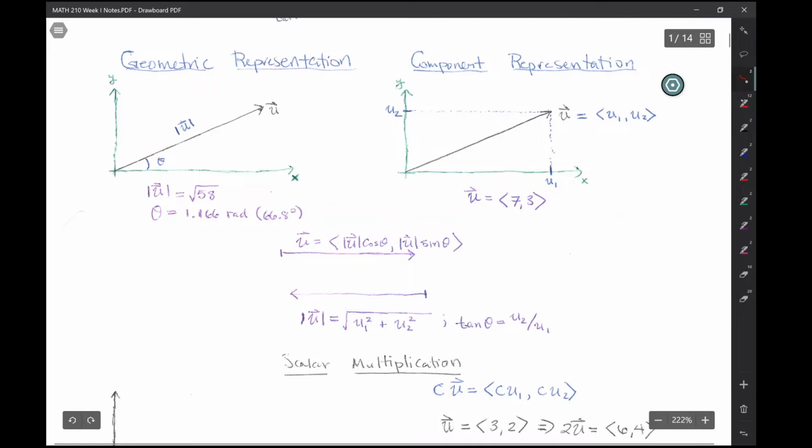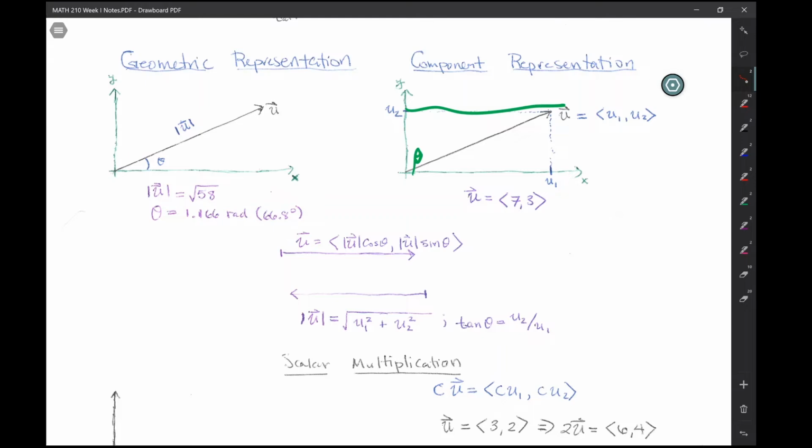But if we wanted, for example, to find the angle, let's say beta up here, then we would have to actually use tangent beta is equal to u1 all over u2. So, you have to be careful when you use this formula. You have to know what you're actually finding.